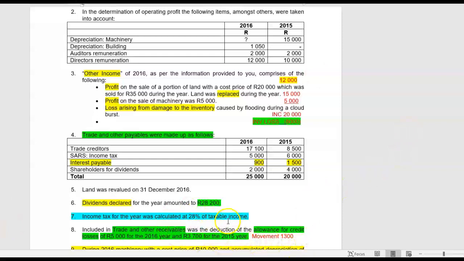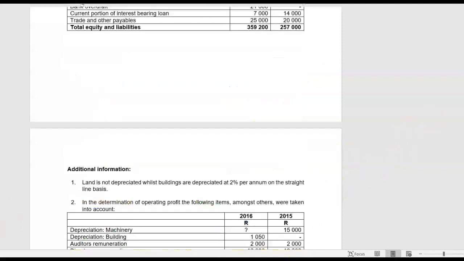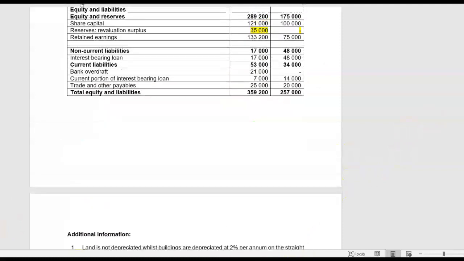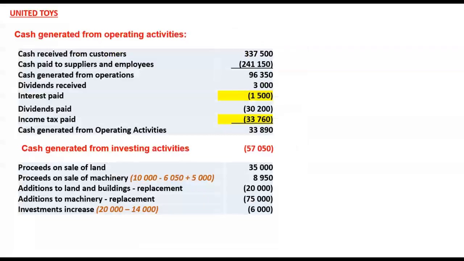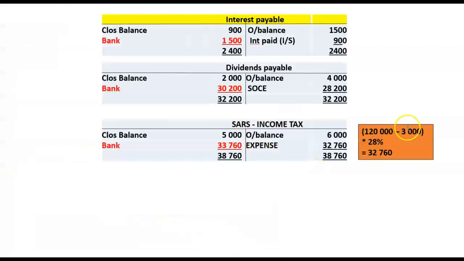Now that 28% of taxable income will mean that you have to calculate taxable income because it is not equal to profit before taxation. You're going to start with your profit before taxation, but dividend income is not subject to normal tax. So therefore, once you do that, you're going to say our taxable income is going to be the 120,000 less the 3,000, and that is going to be what? 117,000 is taxable income.